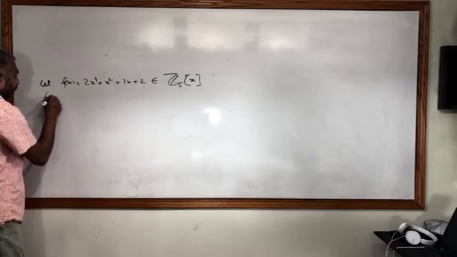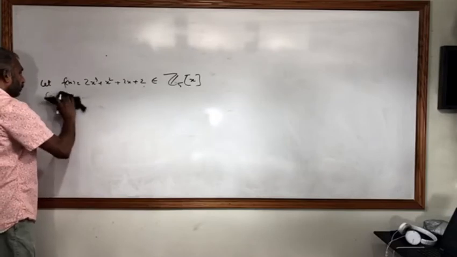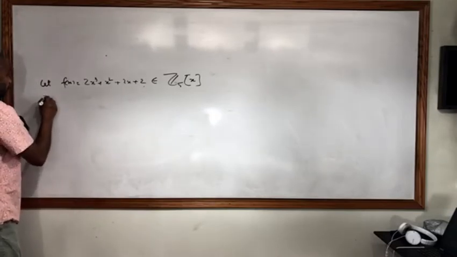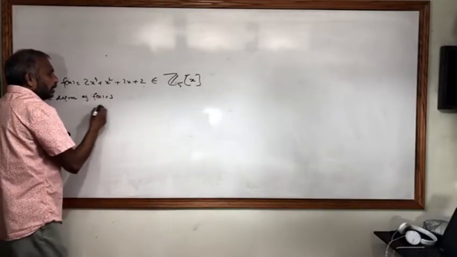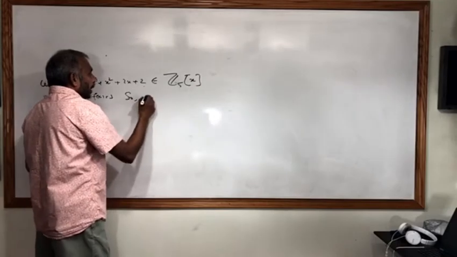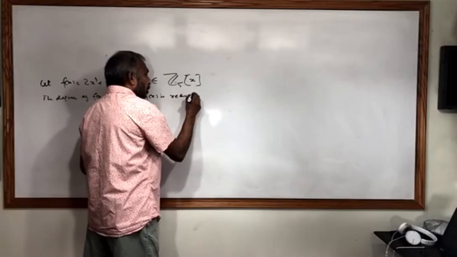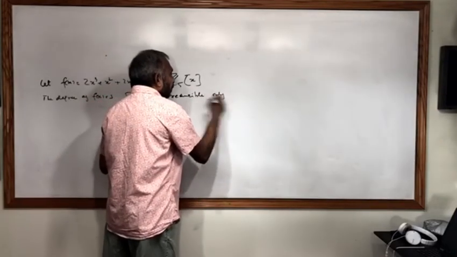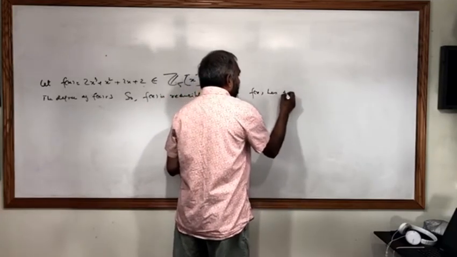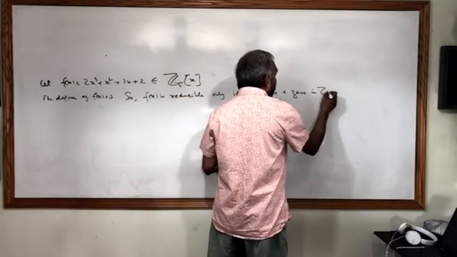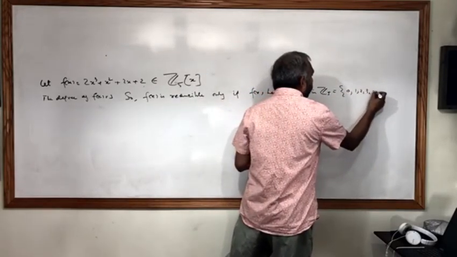The degree of f(x) is 3. So f(x) is reducible only if f(x) has a 0 in Z5. And what is Z5? 0, 1, 2, 3, 4.